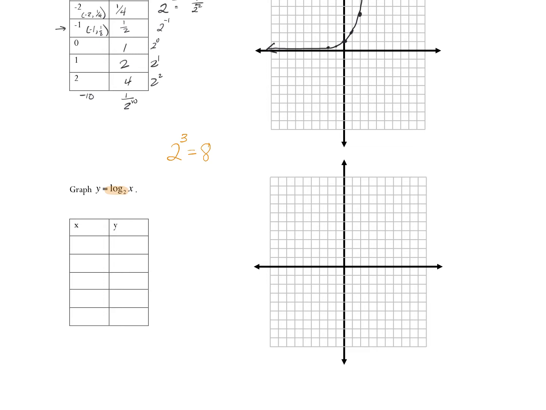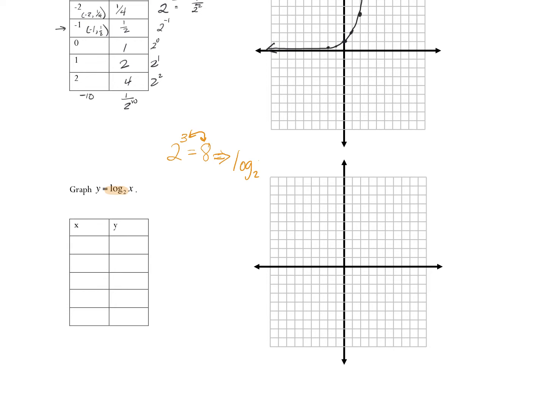Okay. All a logarithm does is separate an exponent from its base. So this would become log base 2, but the whole point of the log is to flip-flop these two values.